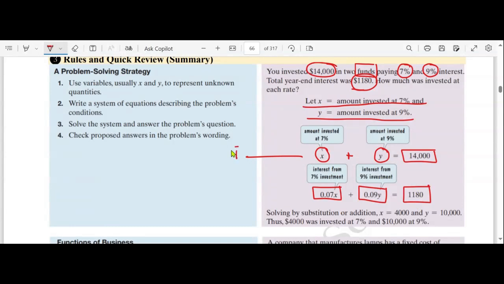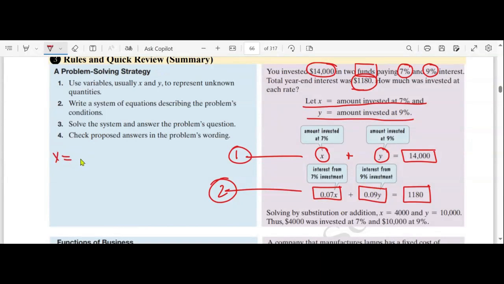Now, how many equations do you have? Two equations. You play with the two equations to get either X or Y. For example, you can multiply and add them, and then find Y. Or you can use substitution.